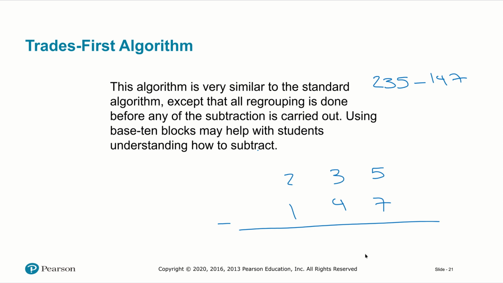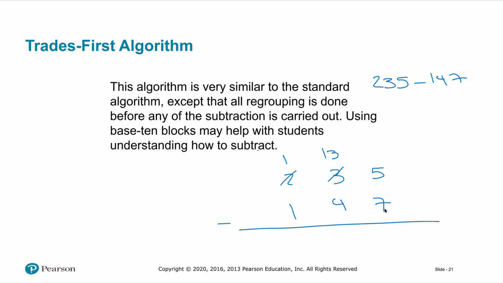We borrow 1 from the 100. That means we're going to add 10 tens to this place. Of course we have 3 tens already, so now we have 13 tens.